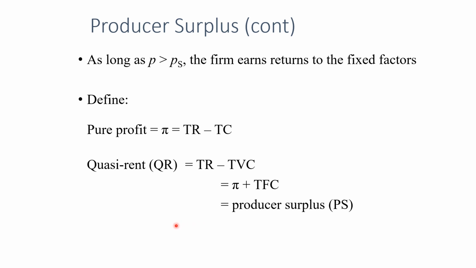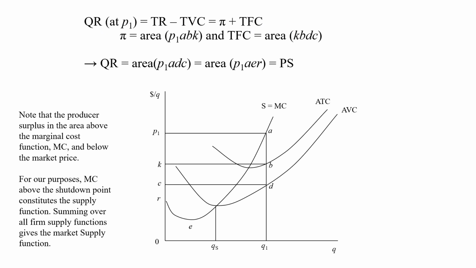And as I mentioned, it's the area above the supply or marginal cost curve and below the price determined in the market. Now turning to a complete picture of this, we get that the quasi-rent at P1, that was that price that we had on that first slide, is equal to the total revenue, which is P1 multiplied by Q1, so this is your total revenue, minus the total variable cost.